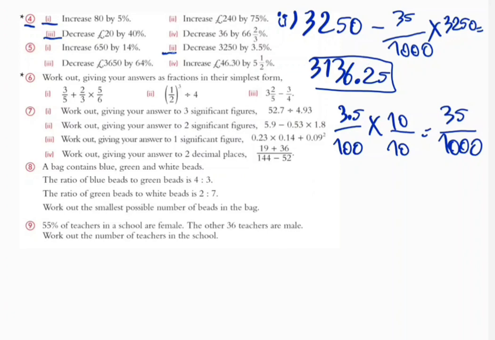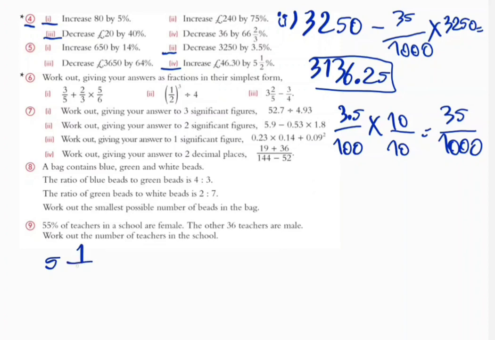Right, now let's do the fourth part of this question, question 5, part 4. In this one, we want to increase 46.30 pounds by 5.5%. Before we start using the same method, it's better to convert this mixed fraction into an improper fraction.